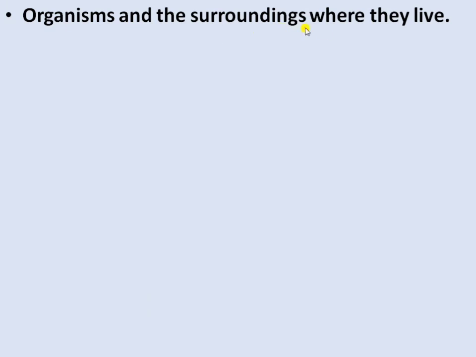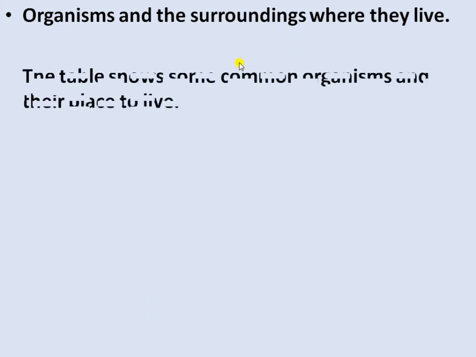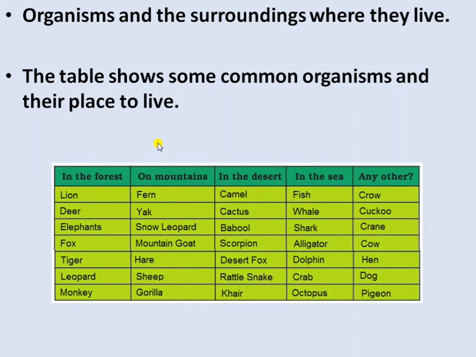Next is about the organism and the surroundings where they live. The table here shows some common organisms and their place to live, the organism and their habitat. In the forest region, the organisms that live here are lion, deer, elephant, fox, tiger, leopard, and monkey.